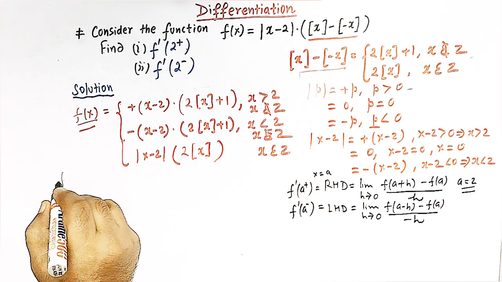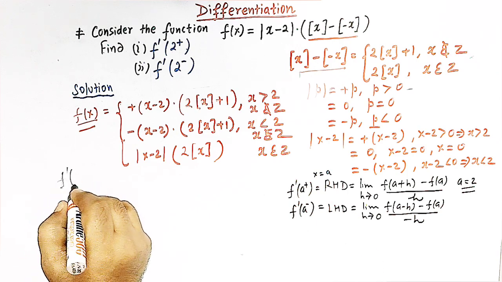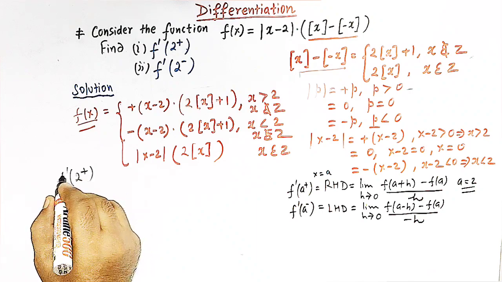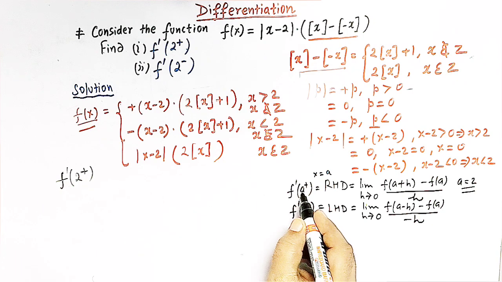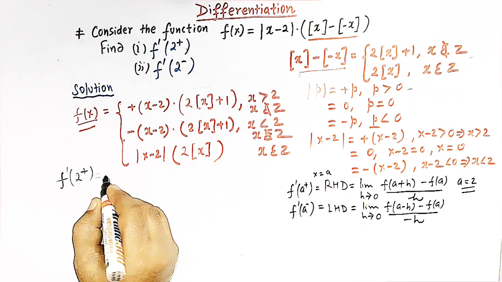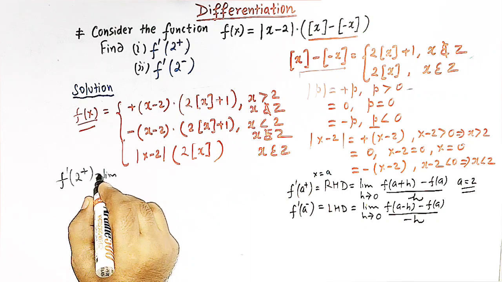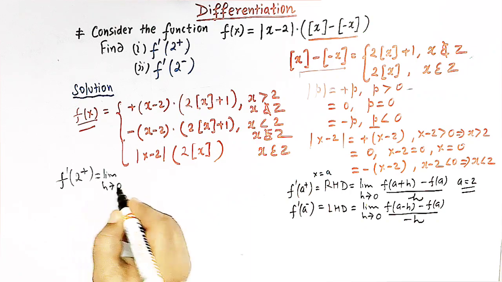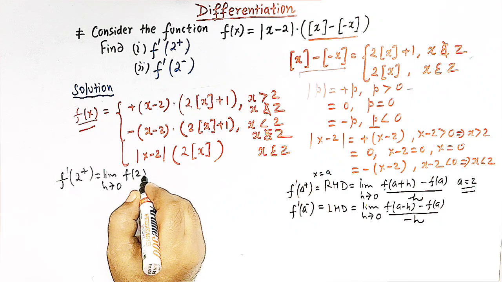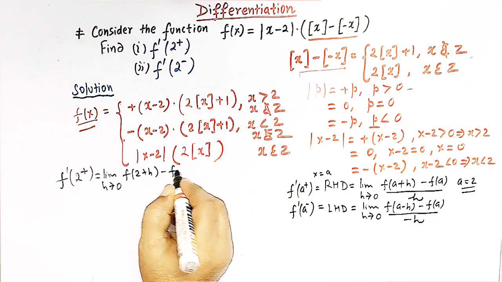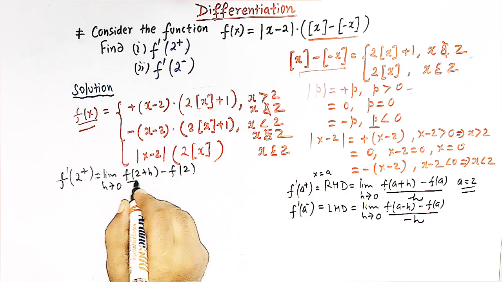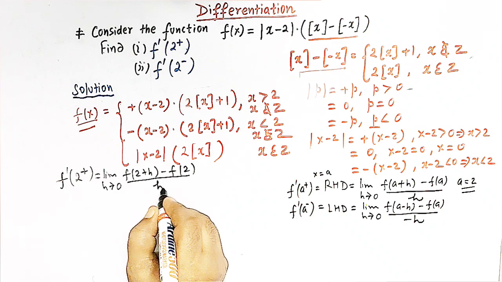So we can now write here f prime of 2 plus, replacing this a by 2, we have limit h tends to 0, f of 2 plus h minus f of 2 divided by h, right?